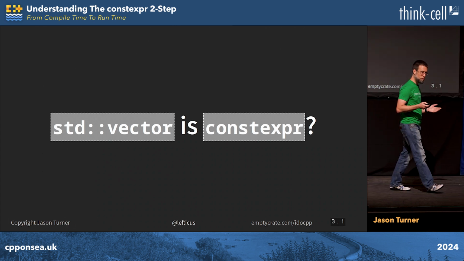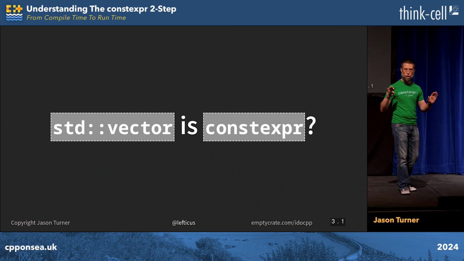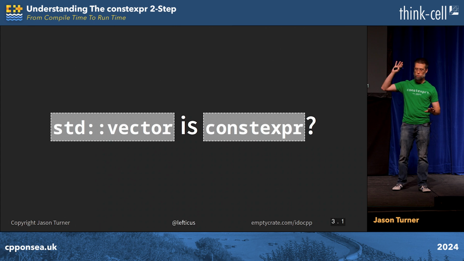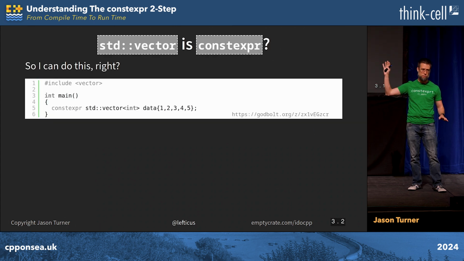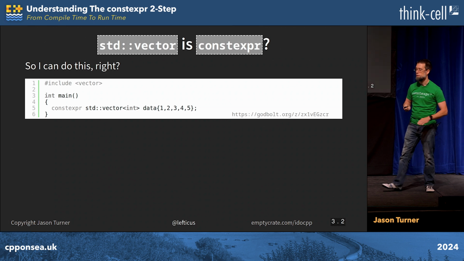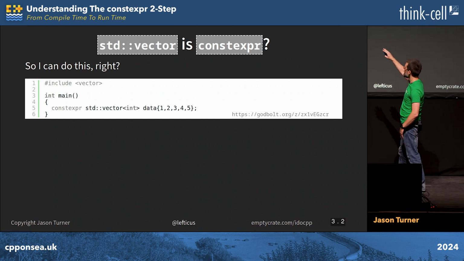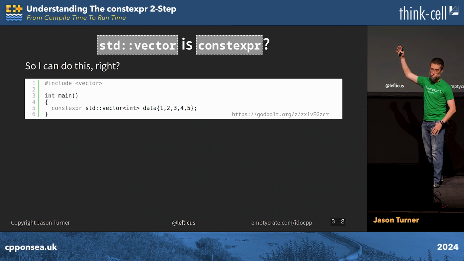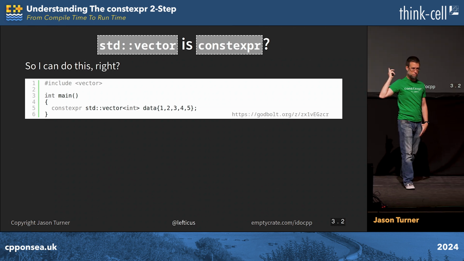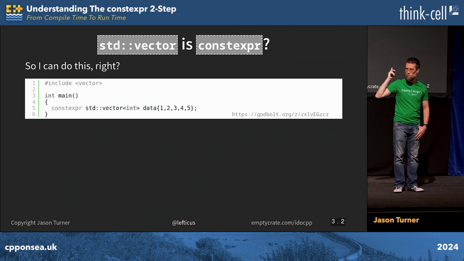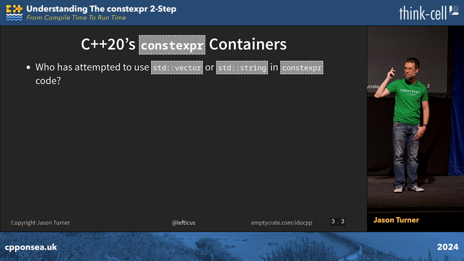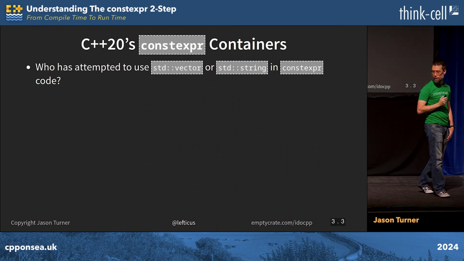So who is familiar, like, at all with this? Vector became constexpr in C++20. Does that ring a bell to anyone? Okay. So if a vector is constexpr in C++20, then I can do this, right? No, okay.